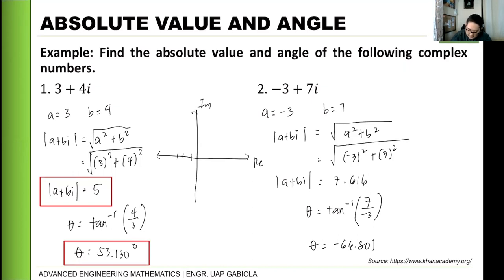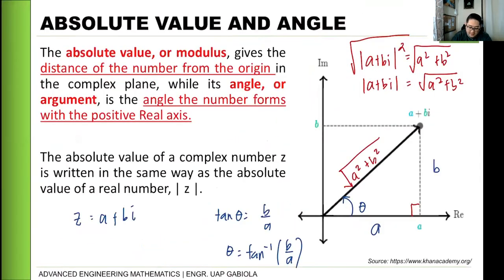Then 1, 2, 3, 4, 5, 6, 7. Okay? So nakita natin na nasa third quadrant yung ating hinahanap na angle, no? So yung na-calculate natin is actually this angle. Okay? Eh ang kailangan natin, kung argument ang hinahanap natin, it should be from the positive real axis.